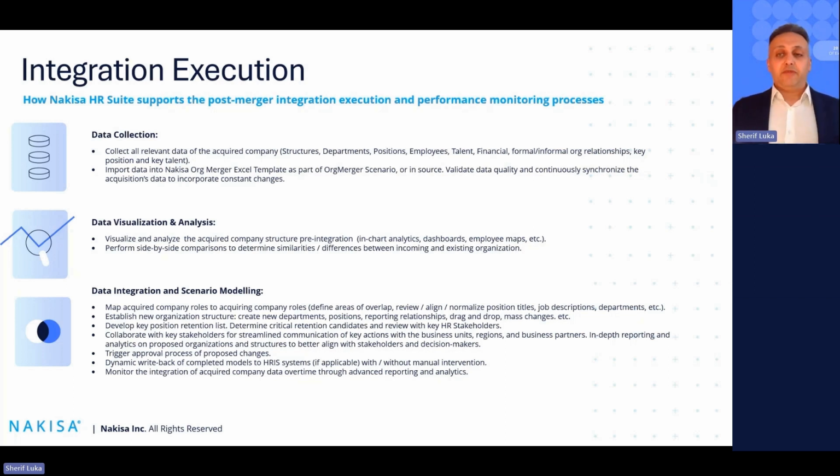You may have position titles that are mismatched. Maybe you have a CFO, a Chief Financial Officer, as I will show you in the demo, but in your acquiring company, you have a VP of Finance. So how do you bring these two entities together? What decisions do you need to take to normalize these positions, jobs, and departments, so they all have a common language that is aligned with your best practices?